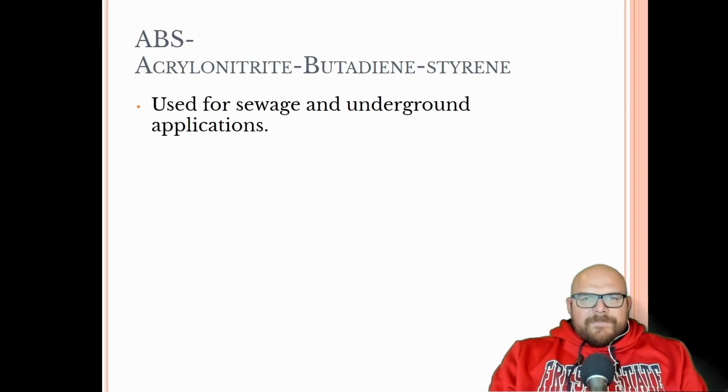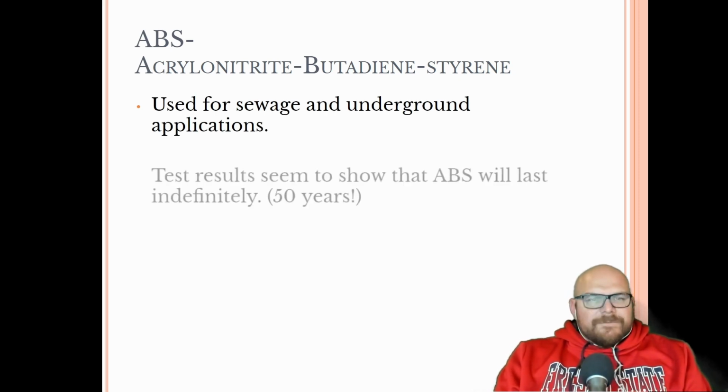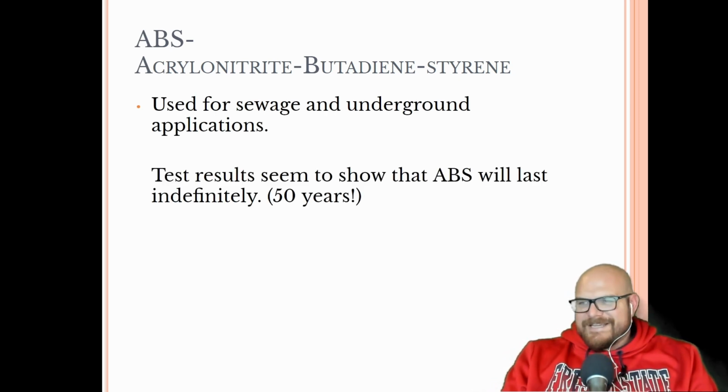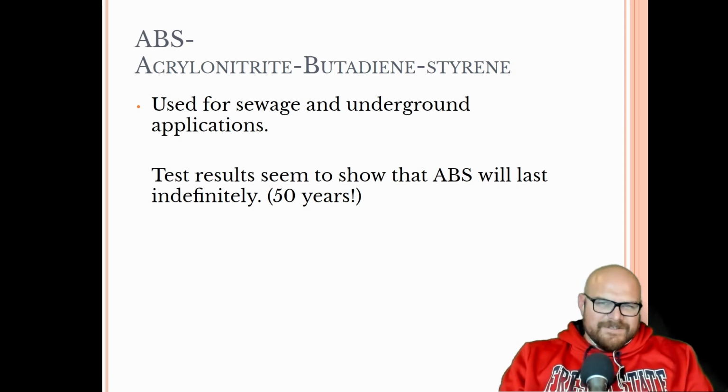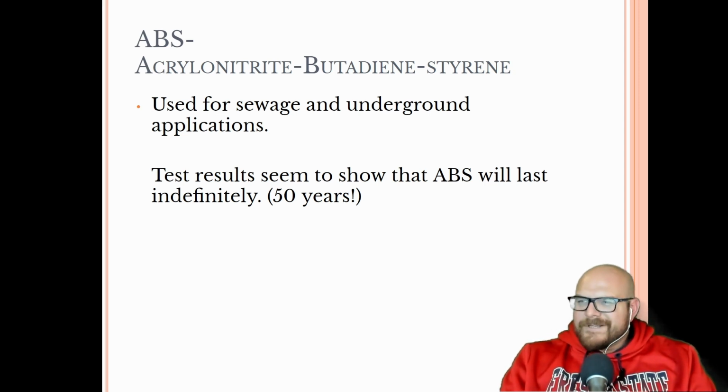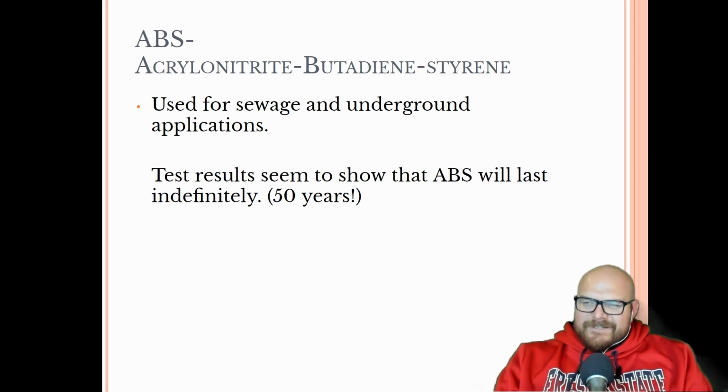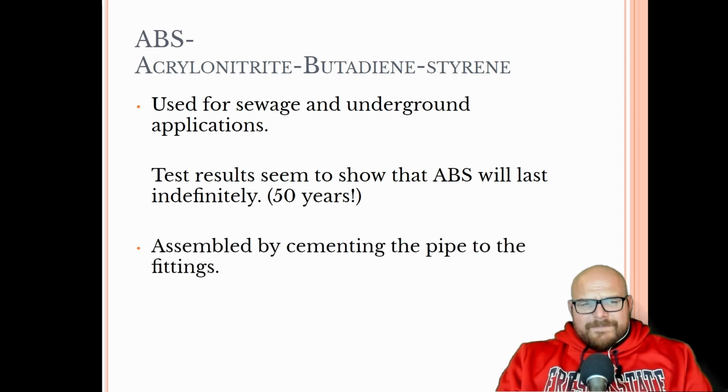The ABS pipe, typically we use these for sewage, underground applications. The tests that they've done on these have shown that they can last over 50 years. So all the stuff that's underneath your sink, all the stuff that runs into your sewer system, most of the time that's going to be ABS pipe. You know ABS pipe because of the black.